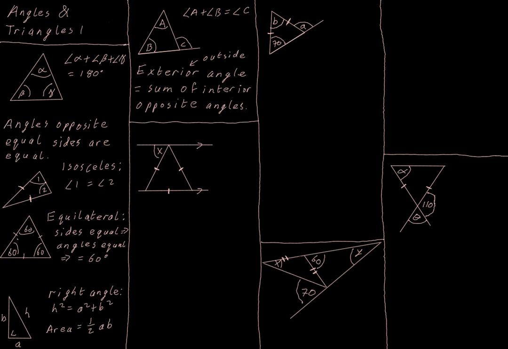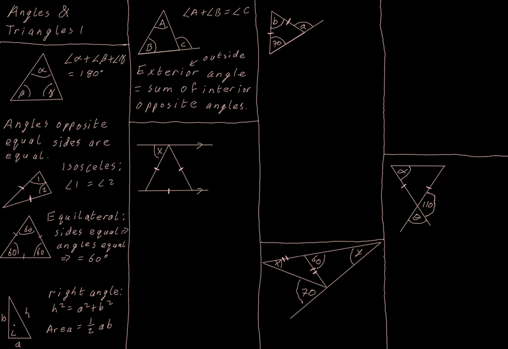So an angle plus an angle plus an angle must add up to 180 degrees. So each of the angles must be 60 degrees, because 60 plus 60 plus 60 adds up to 180. So the rule for an equilateral triangle is a consequence of what we looked at for our isosceles triangles.